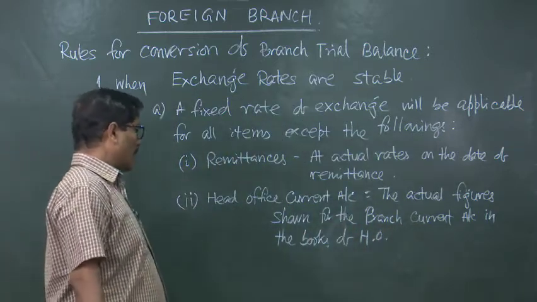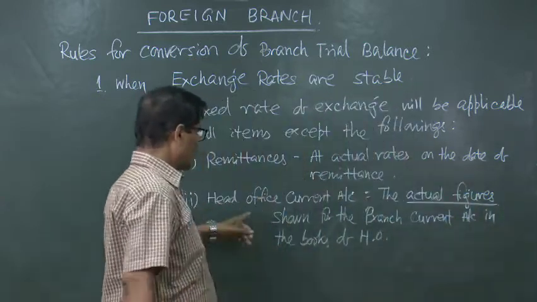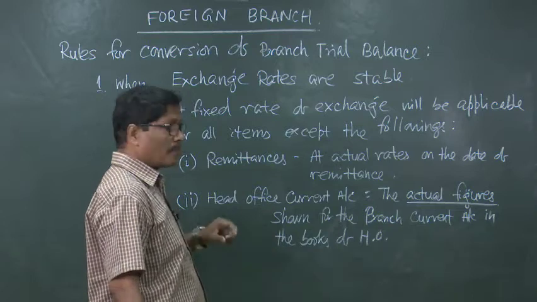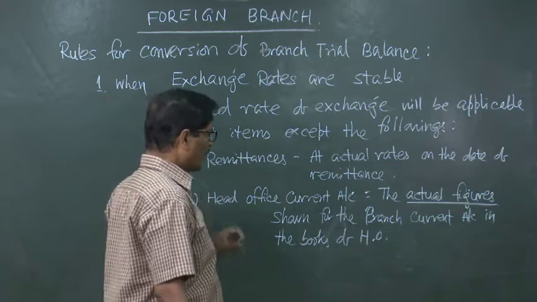So, no rate is applicable, only the actual figures shown for the branch current account in the books of head office, whatever it was there, that will be repeated or that will hold good.